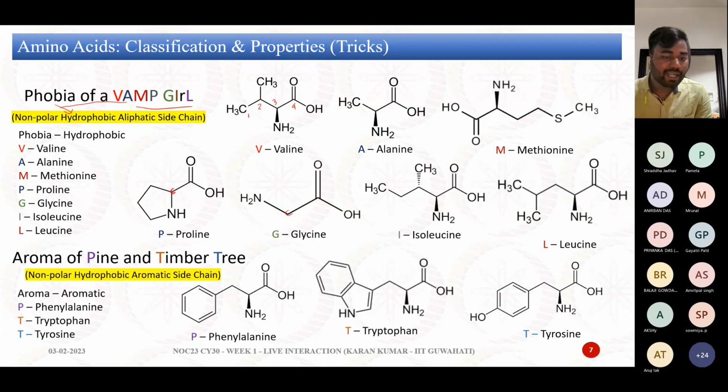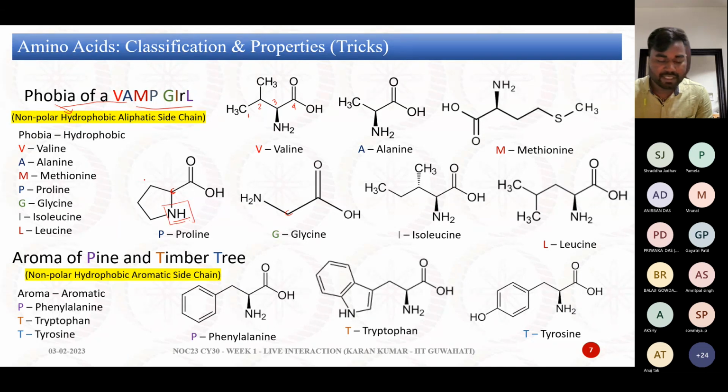Now why is it proline? Why is proline called an imino acid? Because here you don't find a complete amino group, it is a kind of imine. The side chain makes a complete ring structure with the amino group, and this amino group is presented as an imine group.